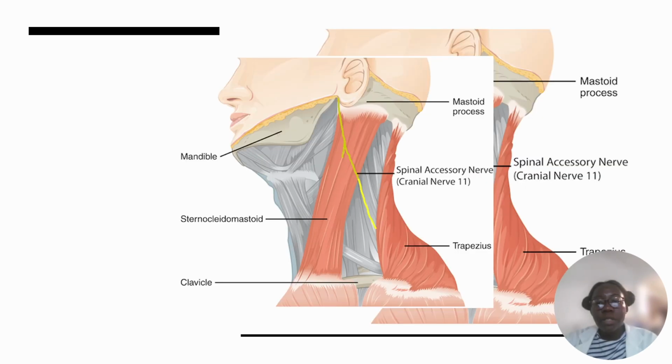The 11th cranial nerve that we have is the accessory nerve. We call it the spinal accessory nerve, and it innervates this big muscle that we have here in our neck, which is the sternocleidomastoid muscle.